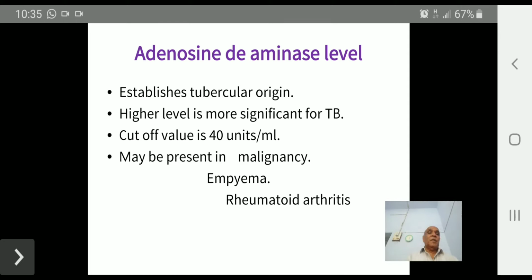So when the level is nearly double or more than double, then the chances of tuberculosis are more and more.